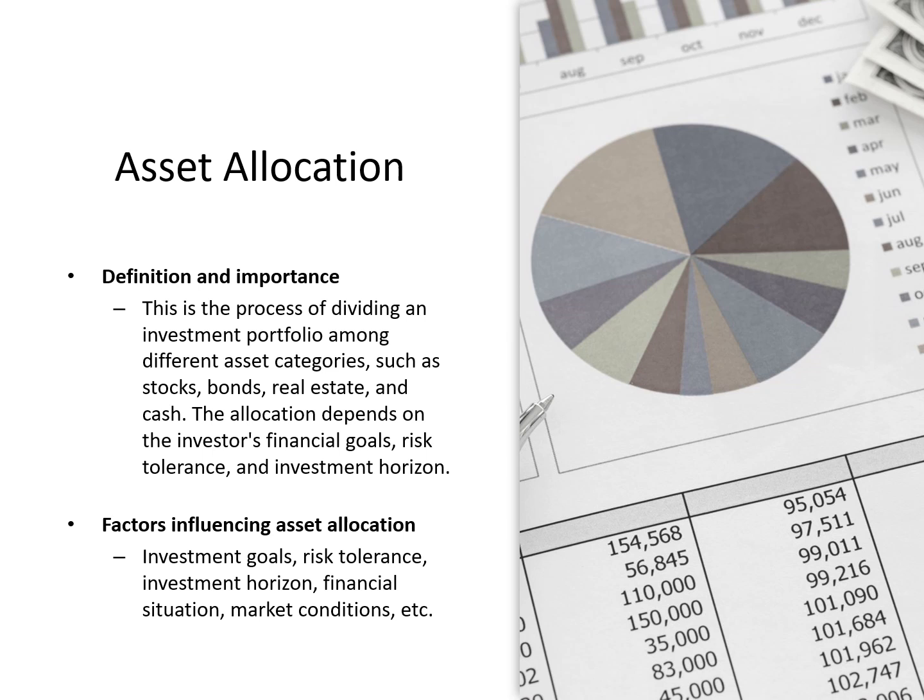And so that's based on your financial goal, your risk tolerance, and your investment horizon. What's the time frame that you have for investing? And then there are factors that also influence your asset allocation, such as what's your financial situation and what are the market conditions.